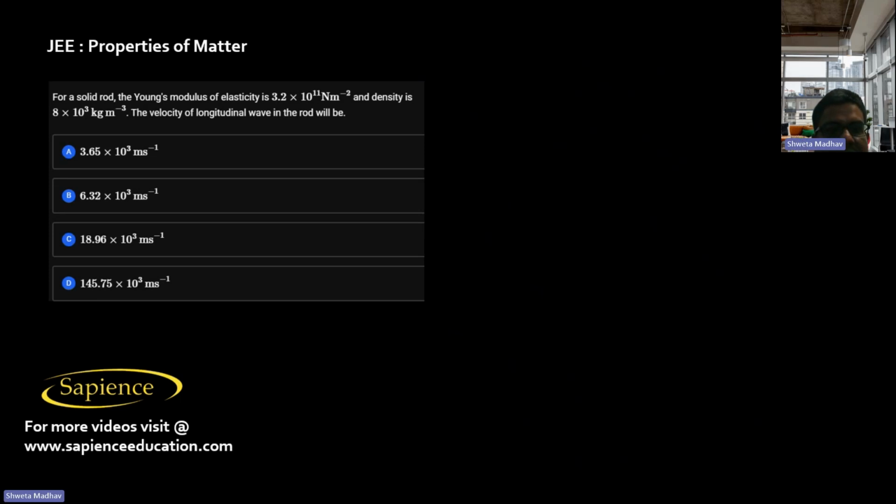Then it is told that for a solid rod, the Young's modulus of elasticity is 3.2 into 10 power 11 Newton per meter square, and the density is 8 into 10 power 3 kg per meter cube.